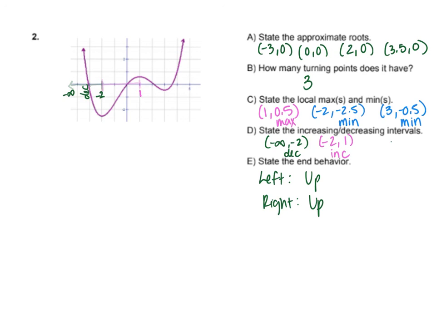And then onwards from +1 to about here, which is x equals 3, you can see that this part here is sloping down. So it's decreasing from 1 to 3.